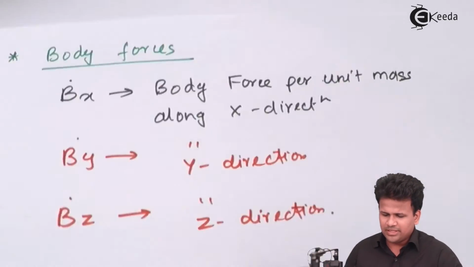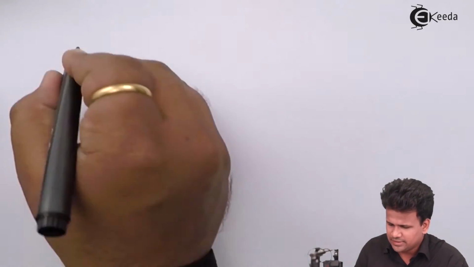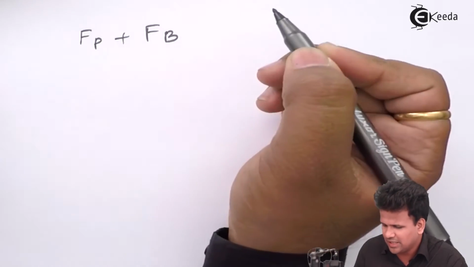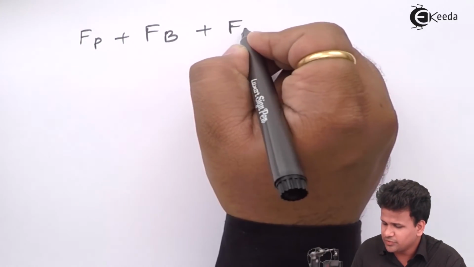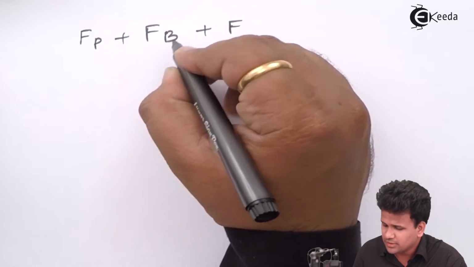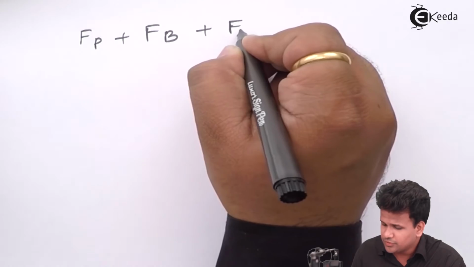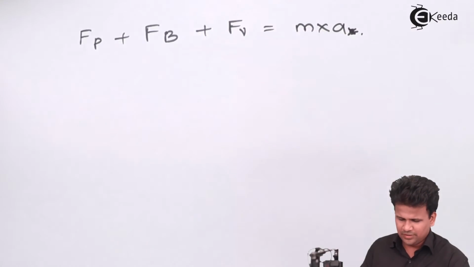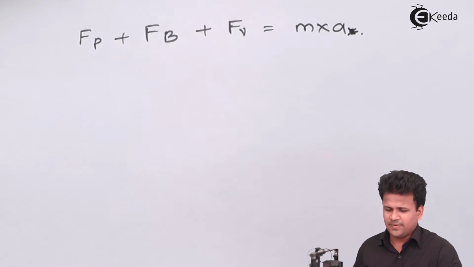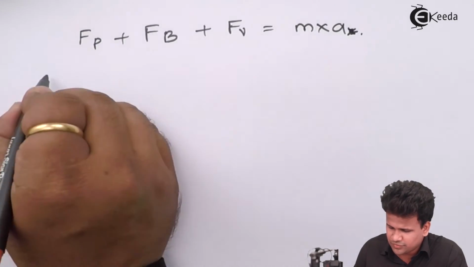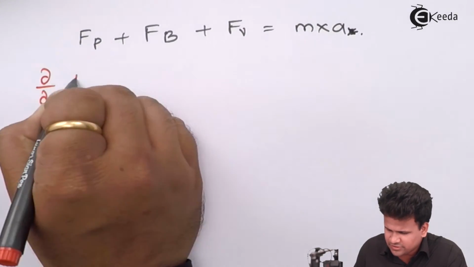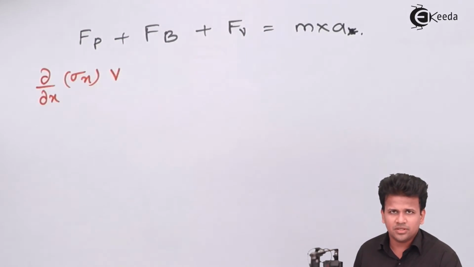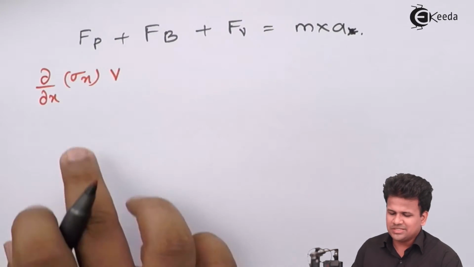So for the Navier-Stokes equation, we know that force due to pressure plus force due to gravity, which is now called body force, plus force due to viscosity, will be equal to mass into acceleration along any direction. So now we'll just write down the x direction. For the x direction, the pressure force will be dou by dou x of sigma x into volume, because pressure is acting perpendicular to the area of cross section, similar to the longitudinal stress which we have.